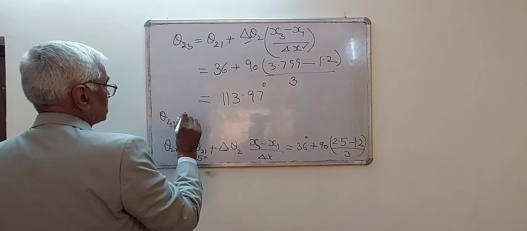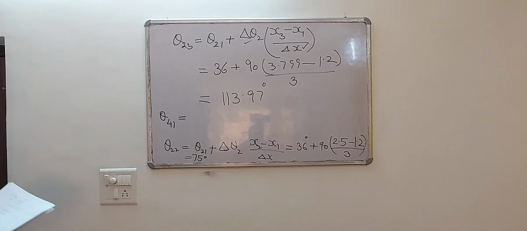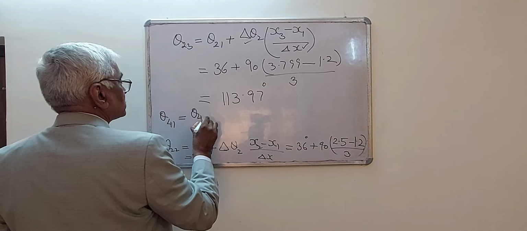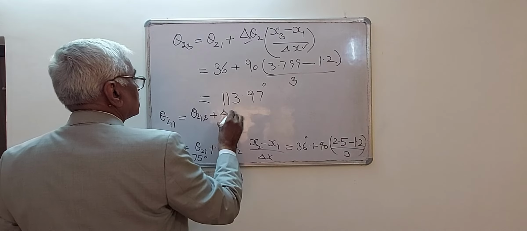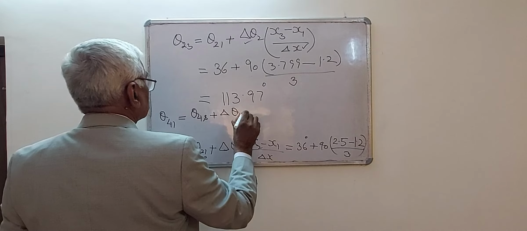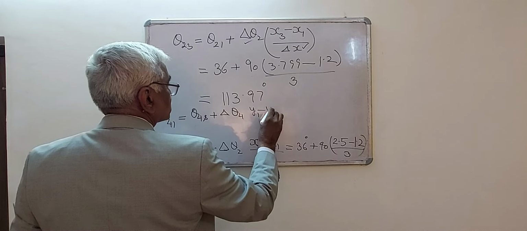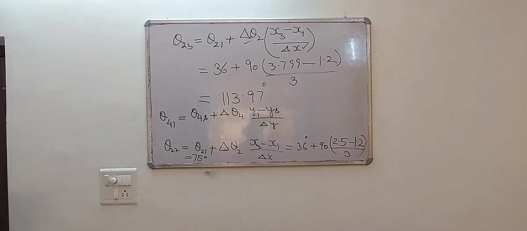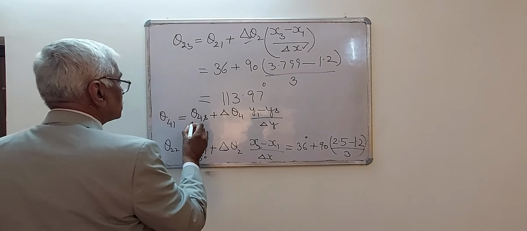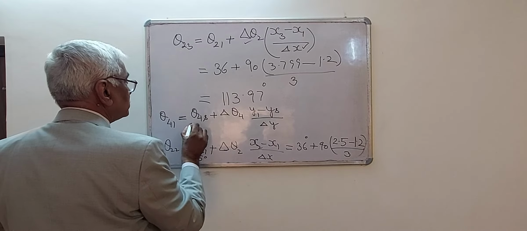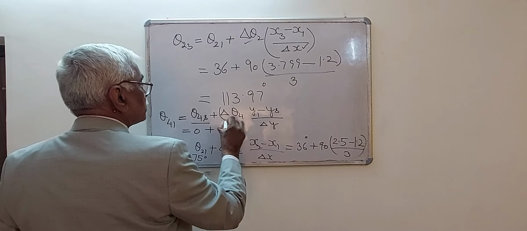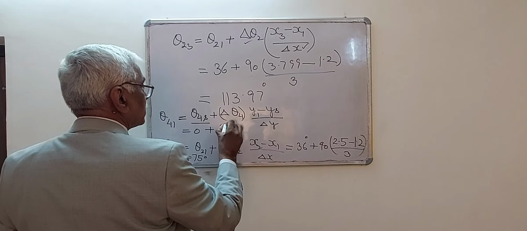So first value is theta 41, which is equal to theta 4s plus delta theta 4 into y1 minus ys divided by delta y. Initial value or starting value of the output link will be 0, plus the range, which was found to be 90 degree.